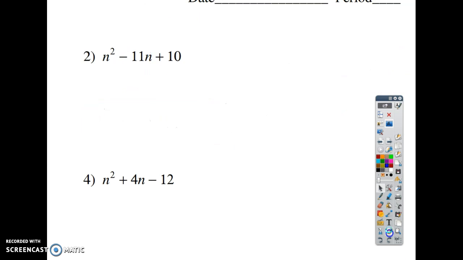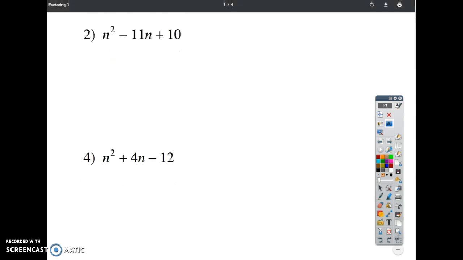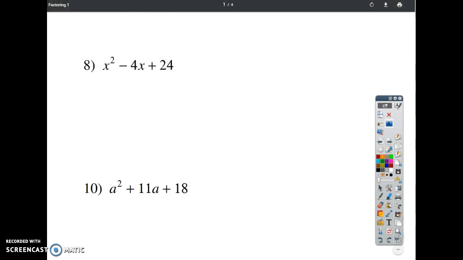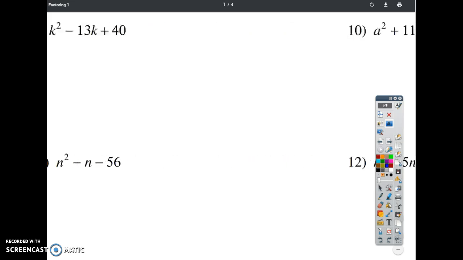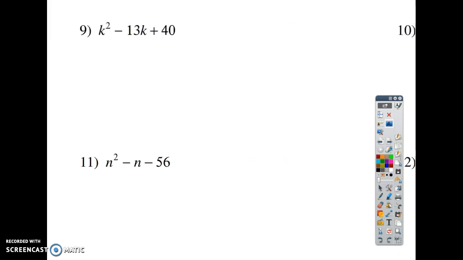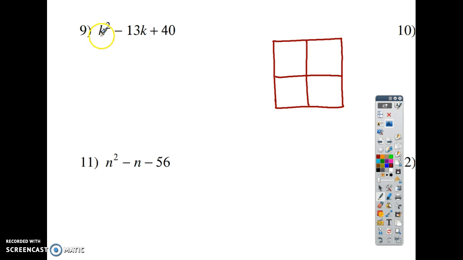Let's go ahead and do problem number 9. Okay, I need you to start with the box. The only thing that you can put inside the box is the first term and the last term. So k squared and positive 40.